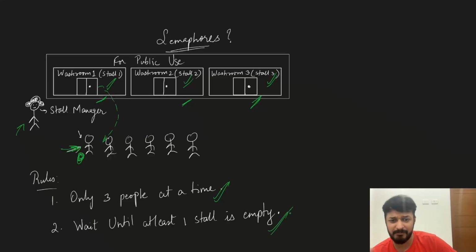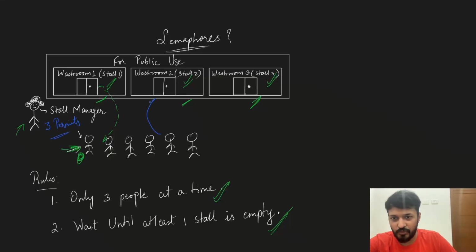Fair and square, simple. Now let's put some technical terms here and try to explain the whole scenario technically. From now on, whatever I write in blue is a technical term which we will later correlate to a semaphore. Okay, so consider a stall manager having 3 permits.